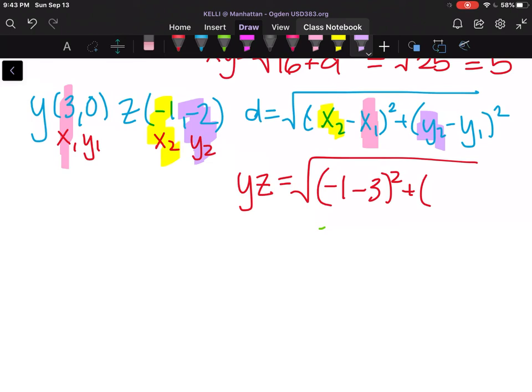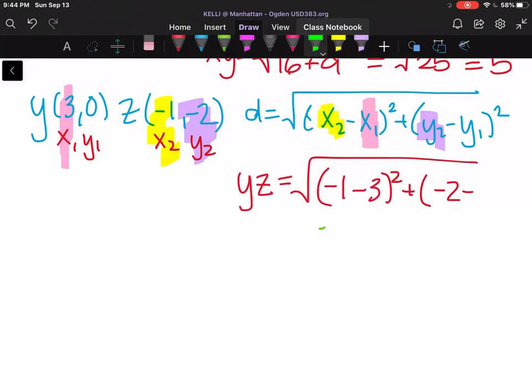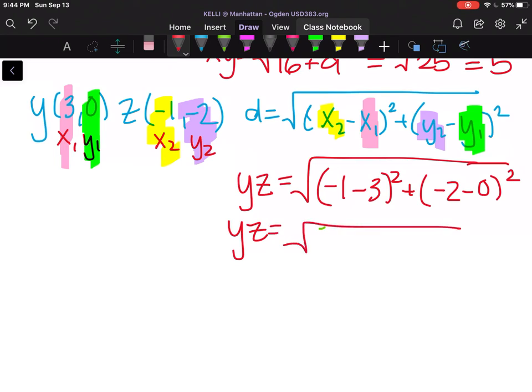And so we have -2 minus a y1. Let's go back to green. And we want to minus y1, which is 0. Alright, and that's squared. So now it's just a matter of figuring out what that is. -1 minus 3, we get -4.